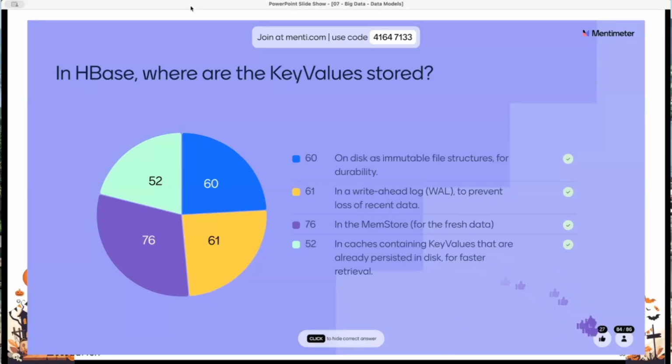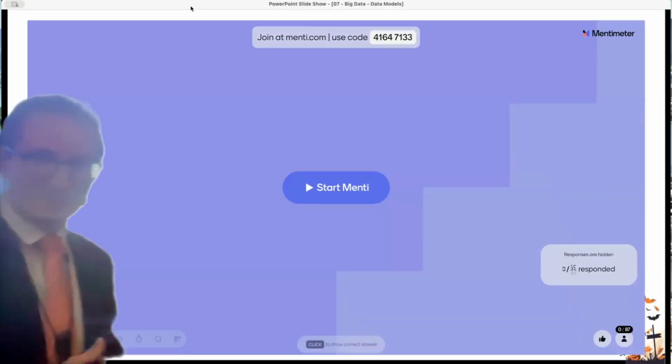And anything else? Yes? If it's deleted or not, that's the tombstone. And one last thing. The timestamp, exactly, the version. So yes, the row ID, the column family plus qualifier, and the timestamp, and the yes or no, has it been deleted. All right, so thank you very much. That's indeed the key value.